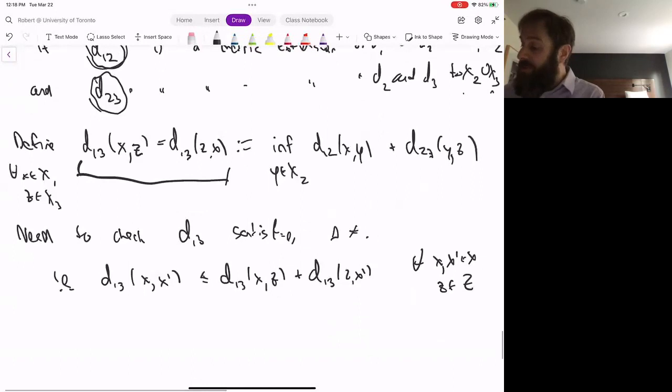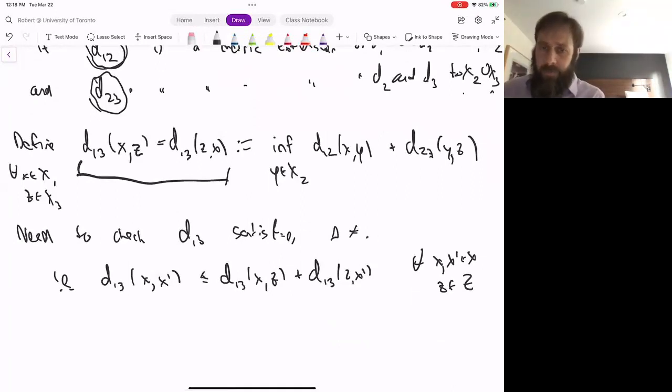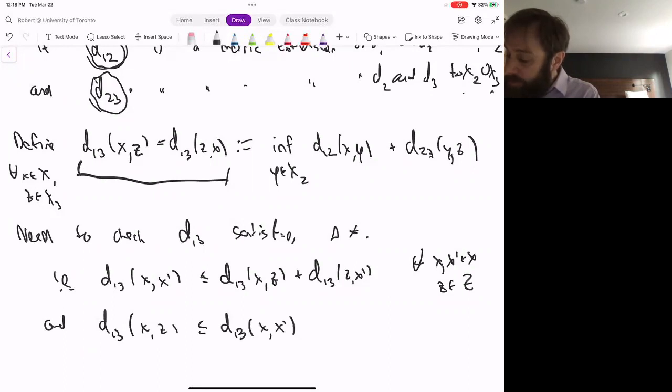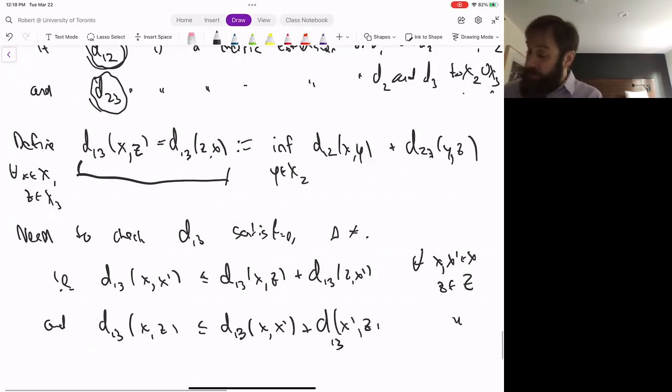Because of the symmetry of the situation, if I can do this for a pair of points in x and a midpoint in z, I can do it for a pair of points in z and a midpoint in x. You also need to check that the distance between x and z is less than the distance between x and x prime plus the distance between x prime and z, again for all triples.